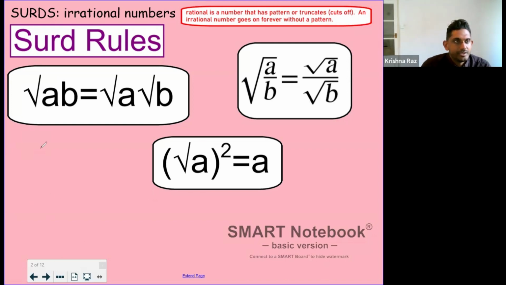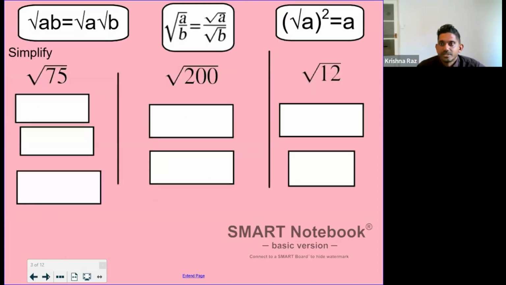So let's have a look at that. This is sort of a thing that students often struggle with. It's more like glorified mental arithmetic, this side of surds. So what you need to look for is a square number that is as big as possible.